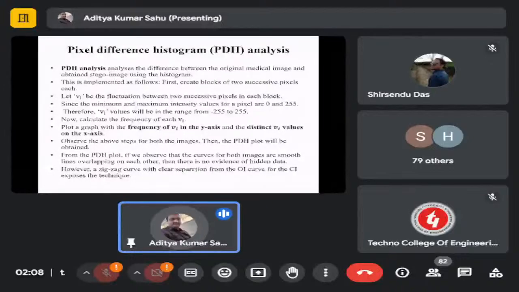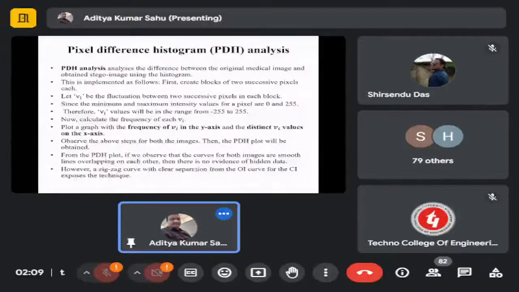This is implemented as follows. At first, we create blocks of 2 successive pixels each. Let Vi be the fluctuation between 2 successive pixels in each block, and Vi will be in the range of 0 to 255. Then we calculate the frequency of each Vi.